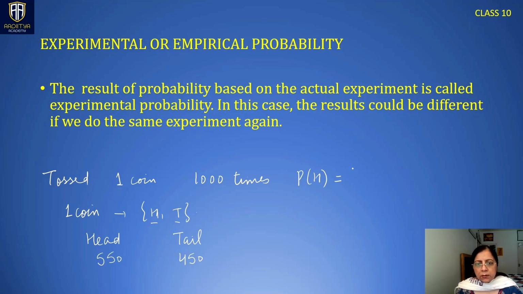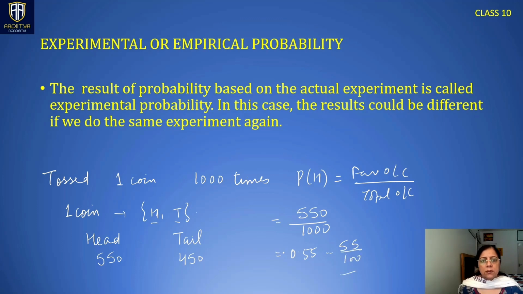is number of favorable outcomes upon total outcomes. So that comes out to be 550 upon 1,000. That is 0.55, or in decimals you can write this, or you can write 55 by 100.